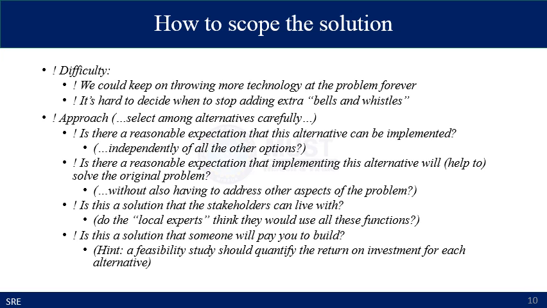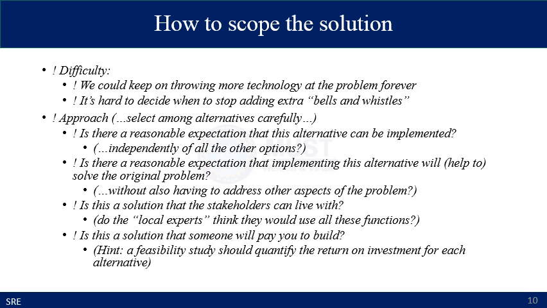For example, you can ask, is there a reasonable expectation that any alternative can be implemented independently of other options? Is there a reasonable expectation that implementing this alternative will help you to solve the original problem, or is it just an addition of technology without use?